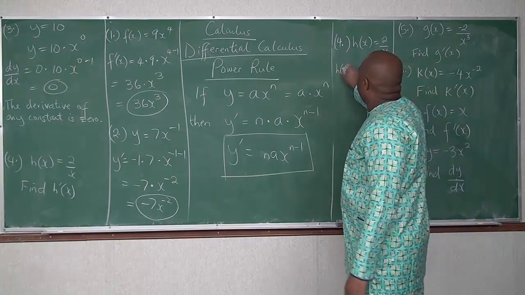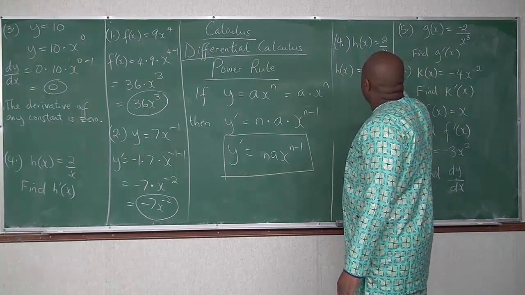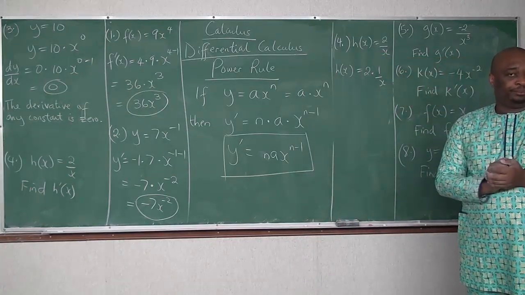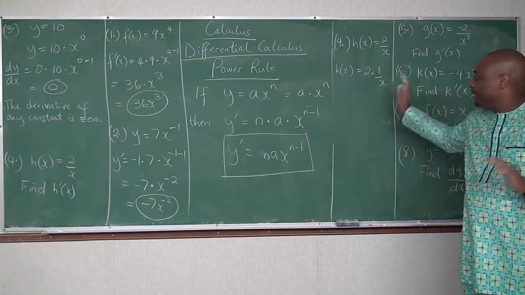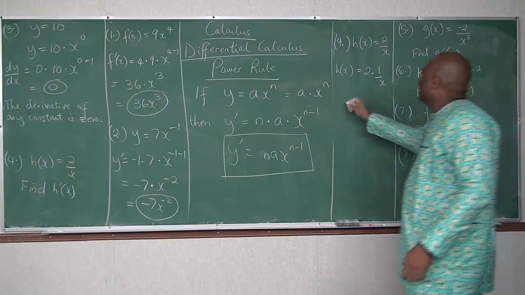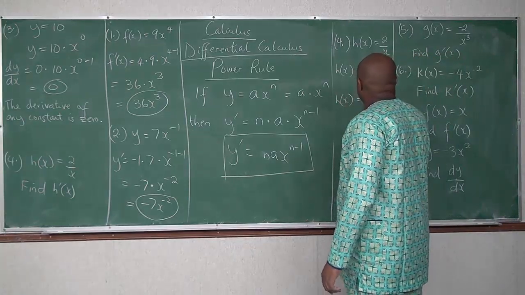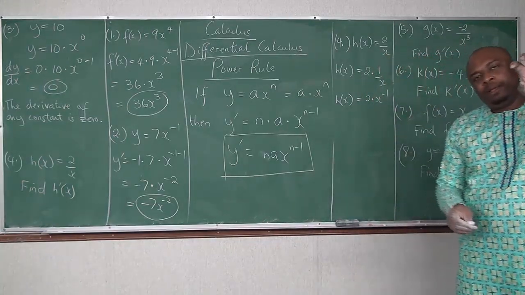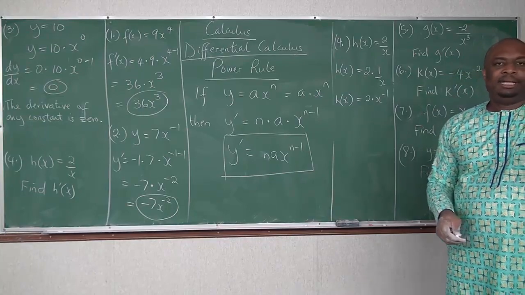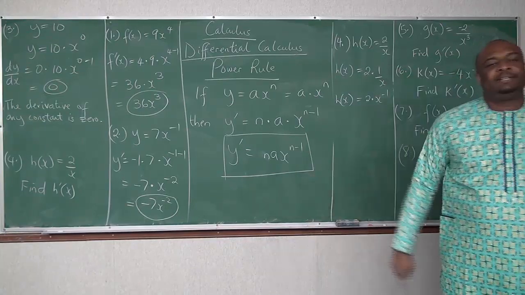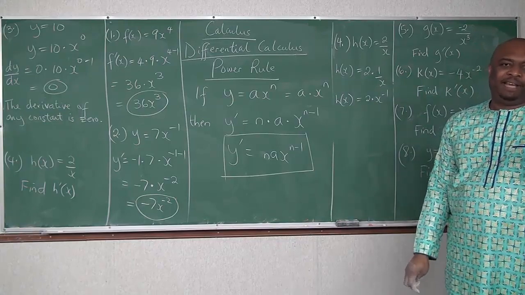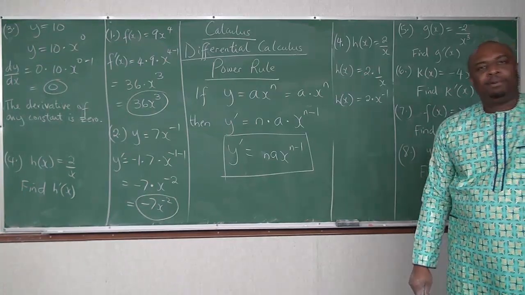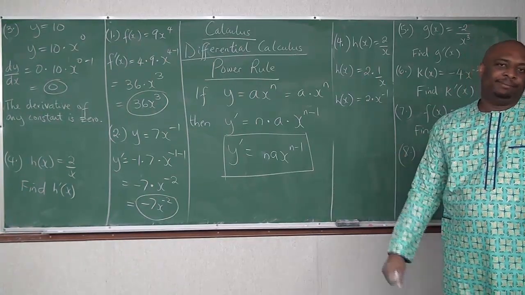So h of x is equal to 2 times 1 over x. I'm breaking it down to show you. But if you know exponents already, you will know where I'm going. So h of x is 2 times x exponent negative 1. Because when we did exponents, a base with a negative exponent is the reciprocal of the same base with the corresponding positive exponent, and vice versa.